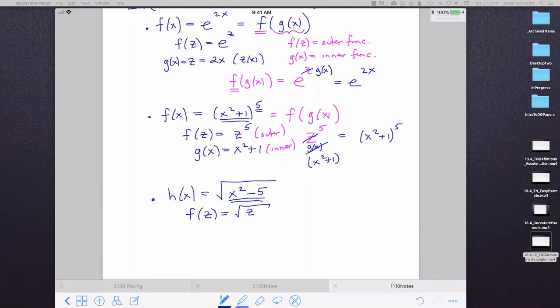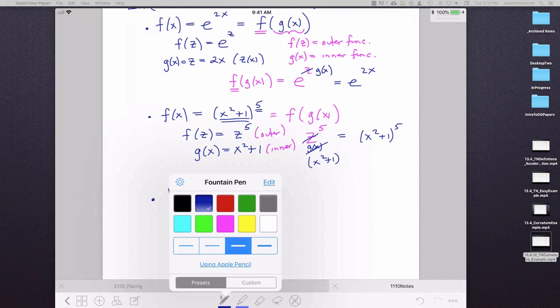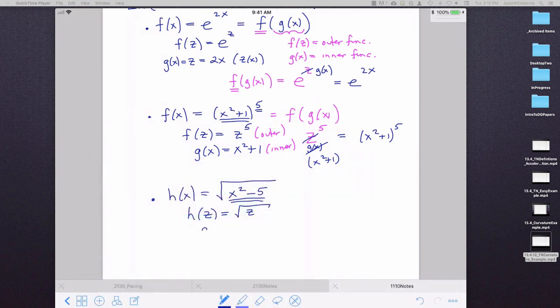So f of z would be the square root of z, and I should probably call this h. Okay? And now you can let there be an inner function, let's call it q. q would be a function of x because the inner function is a function of x, so you would have x squared minus 5.